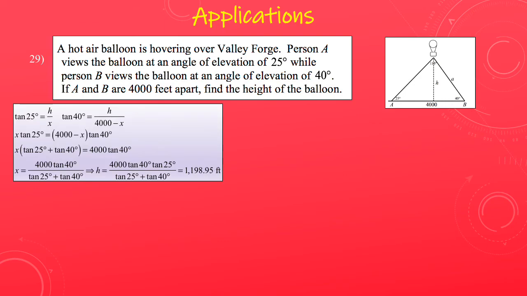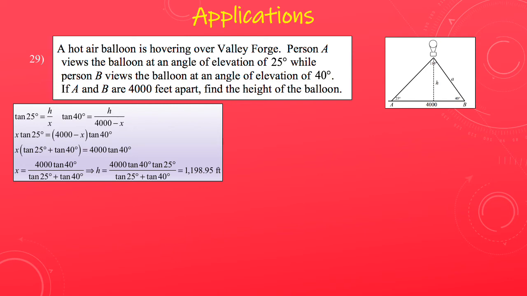When we only had right angle trig as our weapons, we had to do this in several steps. We let x represent the distance from A to H, and we could say that tangent 25 degrees is equal to h over x, while tangent 40 degrees is equal to h over 4,000 minus x.